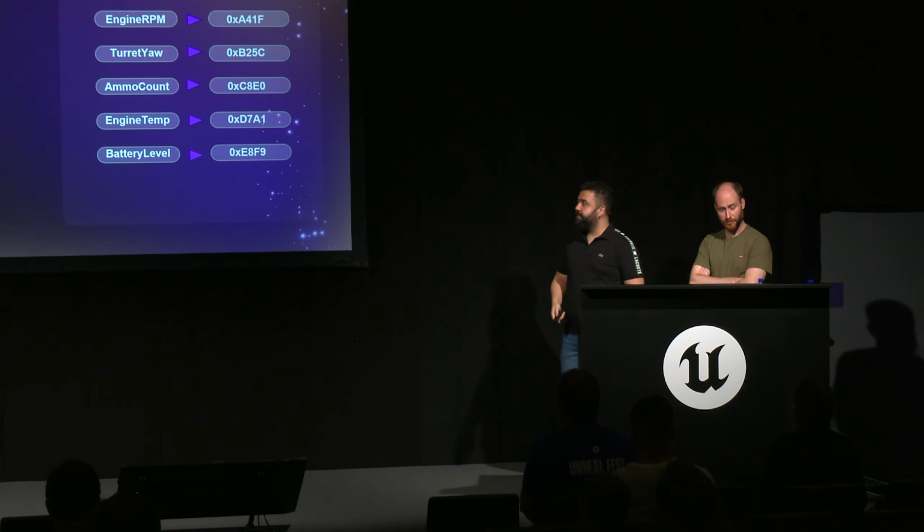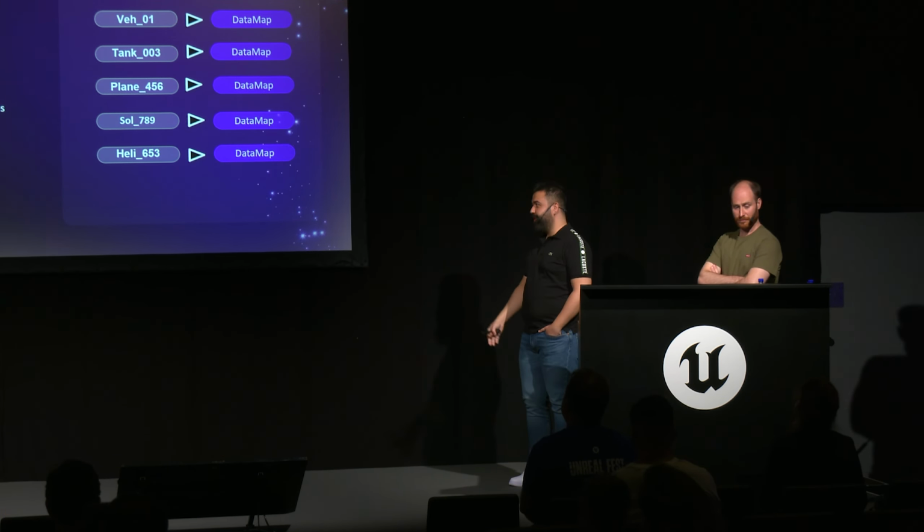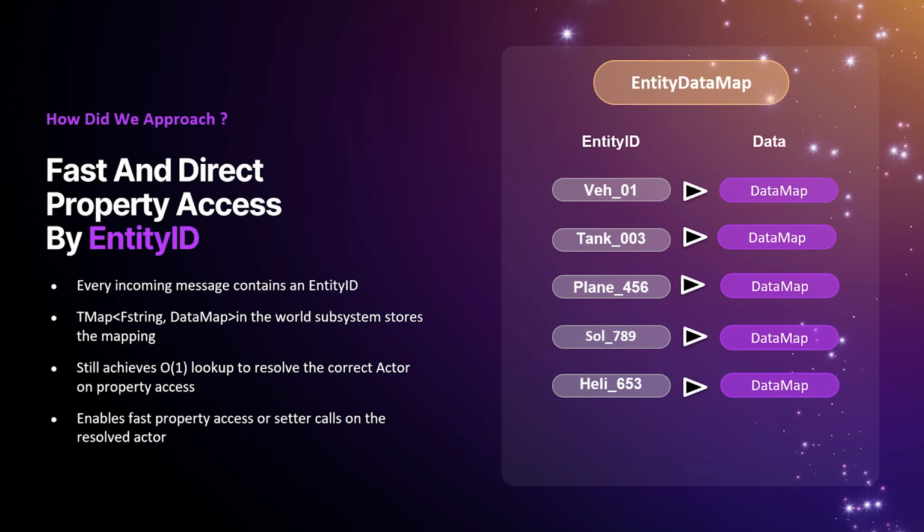And lastly, let's talk about how you can apply this to all the entities in the world. Basically, we have used a map of maps. Remember, as always mentioned, every incoming message has an entity ID. So we store the entity ID as keys here, and as values, we store the data map.